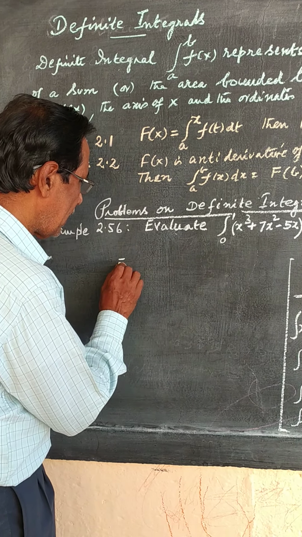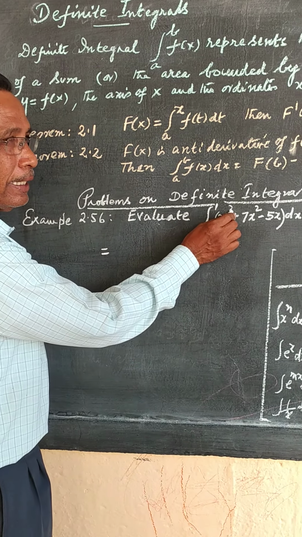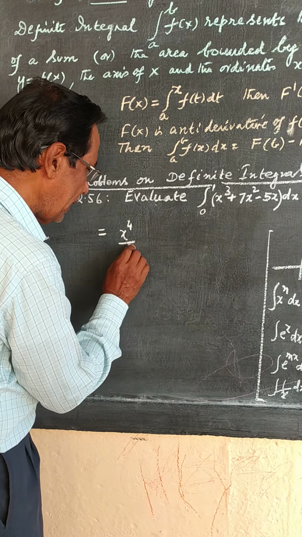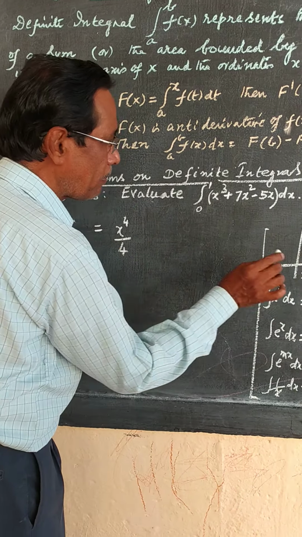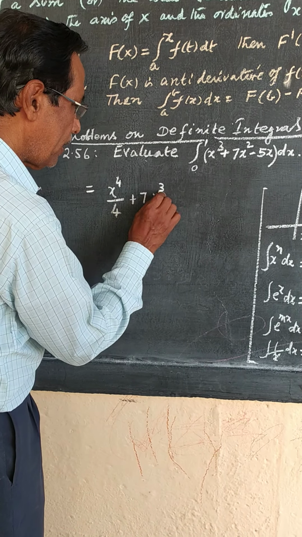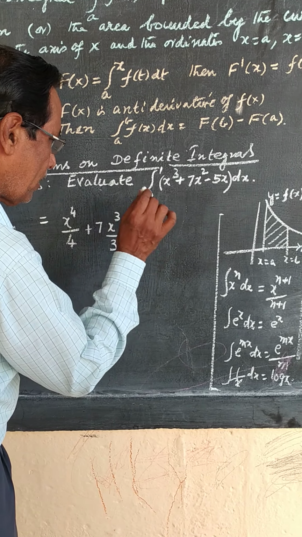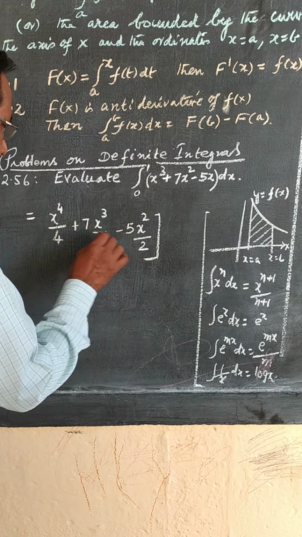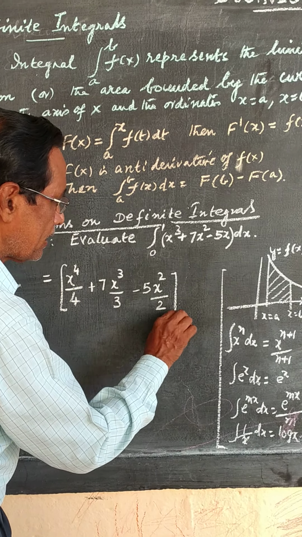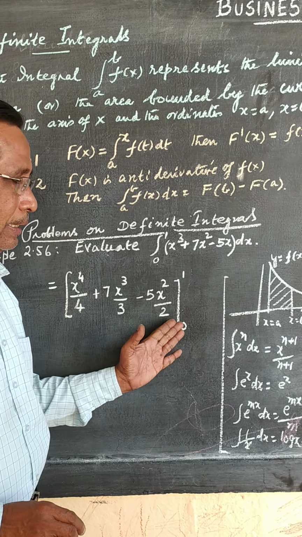Now on integration, these basic formulas are to be used here. X power 3 can be integrated as x power 4 by 4, that is n plus 1 by n plus 1, and here plus 7 x cube divided by 3 minus 5 x square by 2. That's all. As I already told you, there is no constant, and here the lower limit is 0, upper limit is 1. This only has to be given at the rear part.